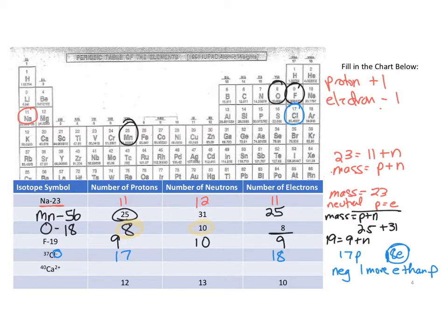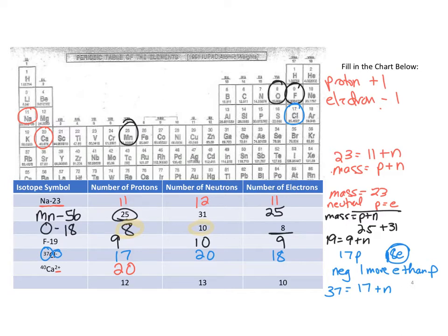Okay, now 37 is the mass. You see 37. So 37 is the mass, and the proton is 17 plus N. So what is 37 minus 17? It is 20. Electrons have no mass. All right, let's go to the next one. The next one is calcium. Let's find its proton number, atomic number. Proton number is 20, and it has a +2 charge.